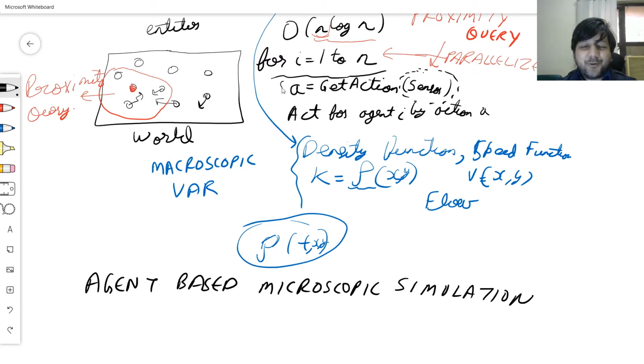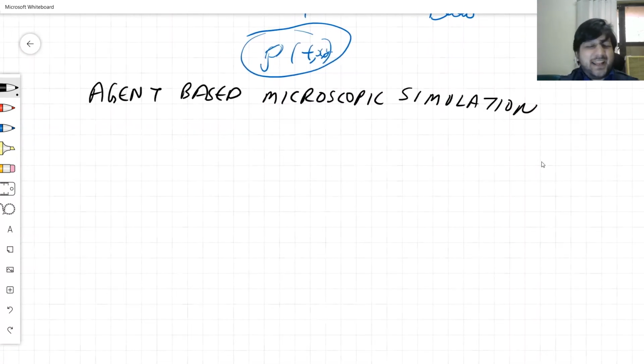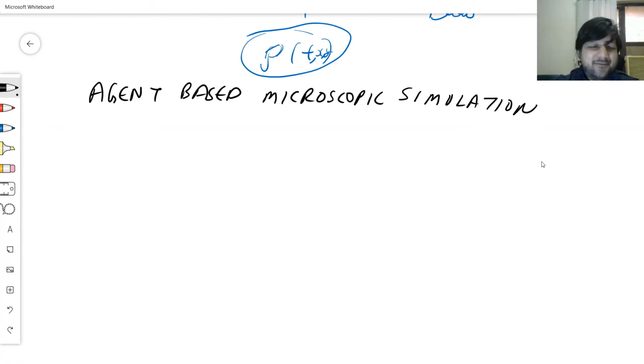And this was already very specific to microscopic. Microscopic only says that you're modeling each and every entity and how it moves along with time and the world. Now we'll add AI into that general definition and we'll say it's agent-based.